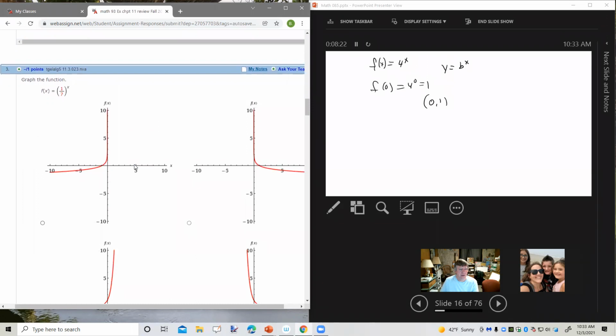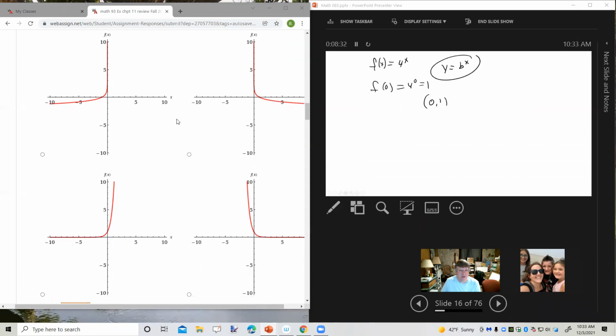Okay, and let's take a look at this one. Here we have an equation that's in that form. However, b is less than 1, which means it's got to be a decreasing function. So it's either got to be this one or that one. But again, the y-intercept would have to be at (0, 1).